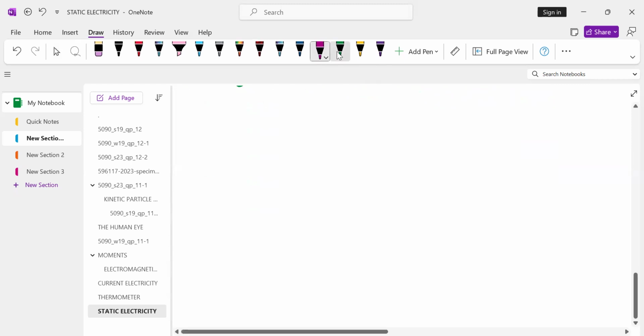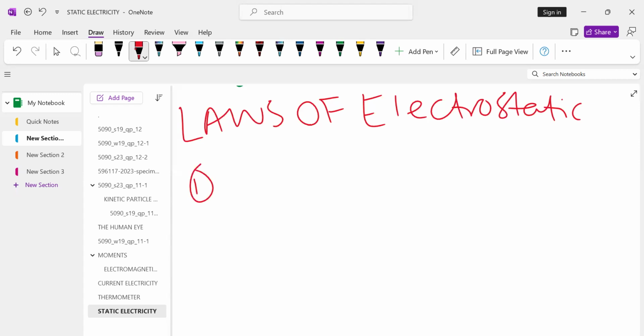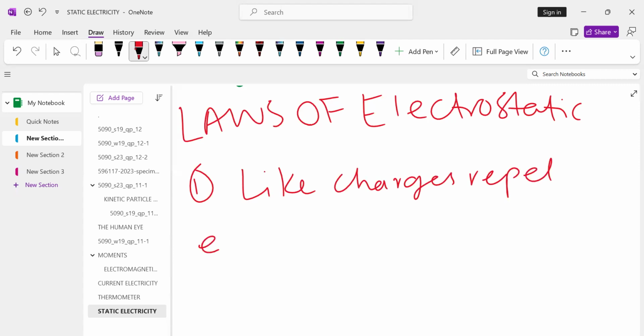So, laws of electrostatic. There are two laws of electrostatic. First one is that like charges repel each other.